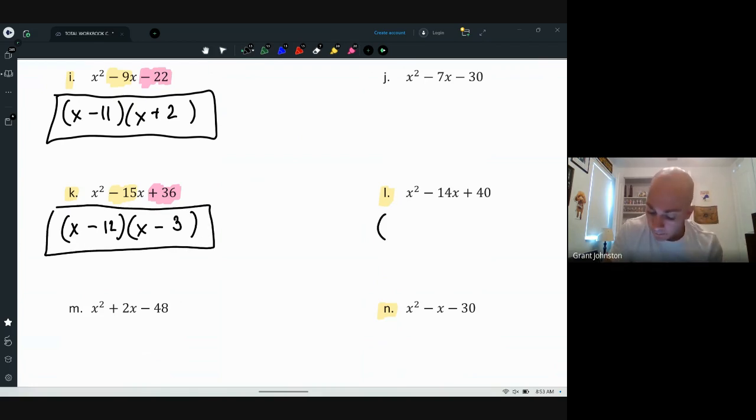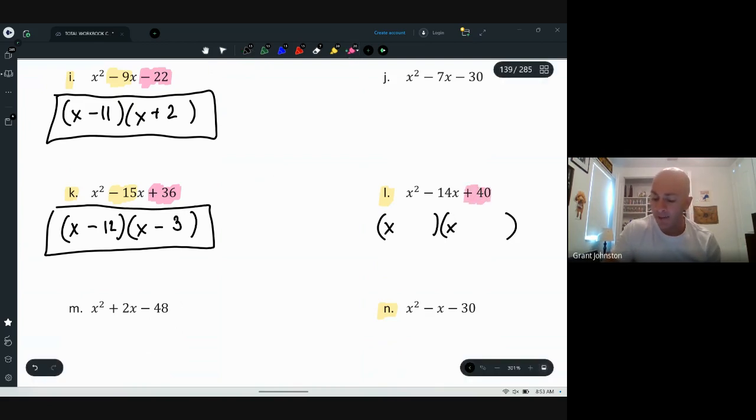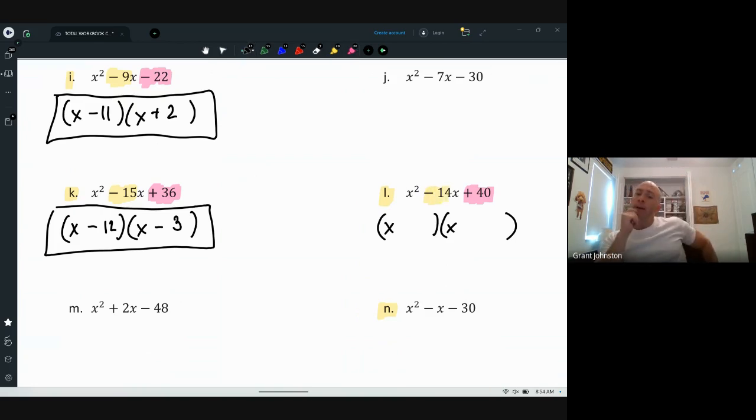This one's similar because they need to multiply to a positive number, yet they're adding to a negative. So multiply to positive 40, add to negative 14. I know they're both going to be negative here. That would be 10 and 4.